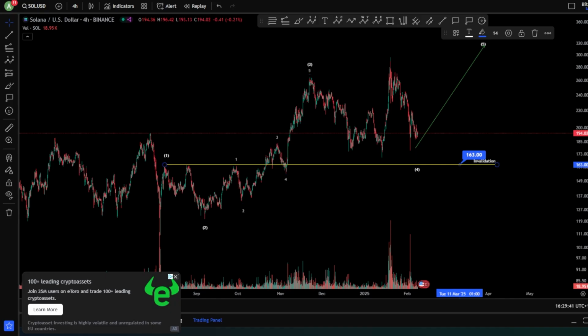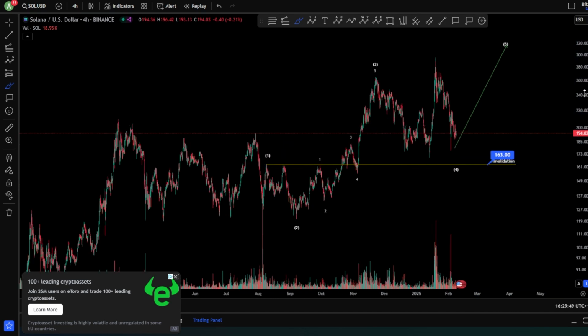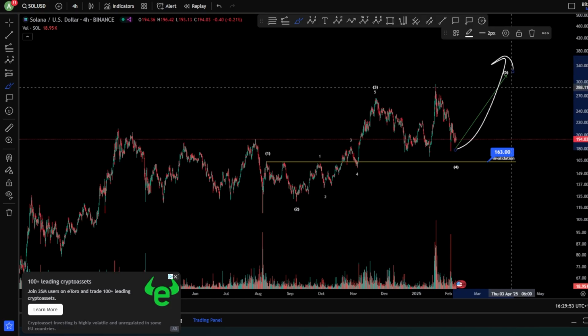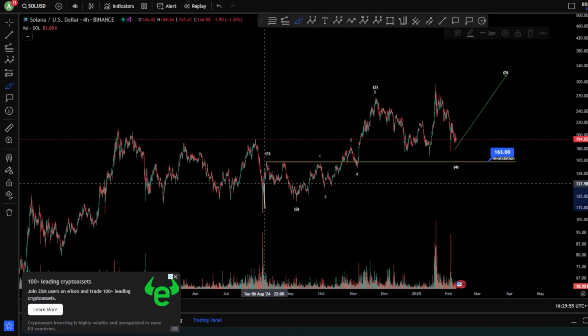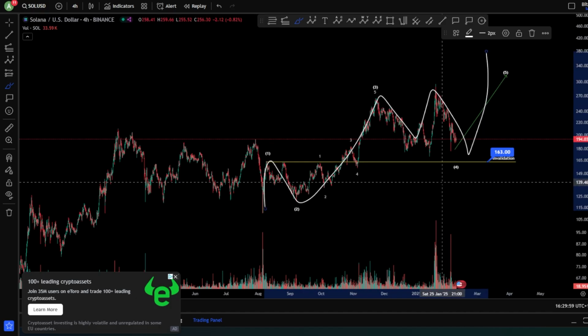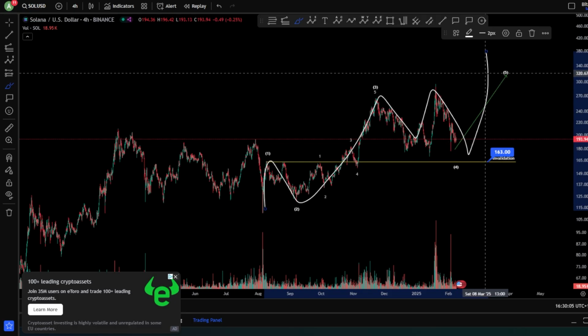So this scenario still has potential, even higher than being an expanding diagonal. However, in the end, both will lead to the same scenario: higher prices. What I'm saying is there is still a potential to see one more wave up, and this wave up can also be a wave 5.